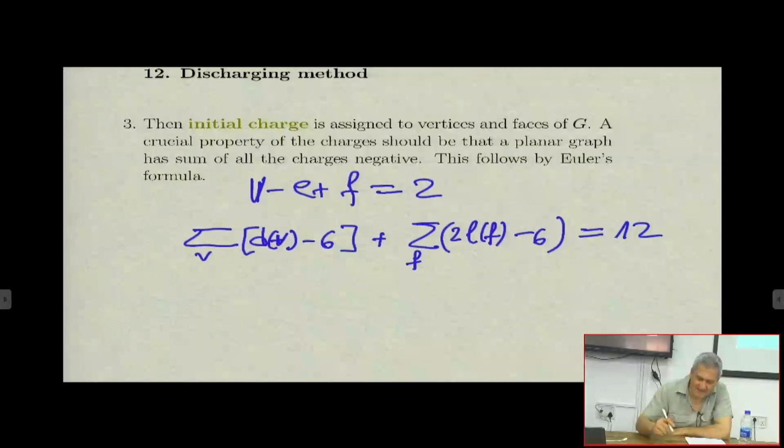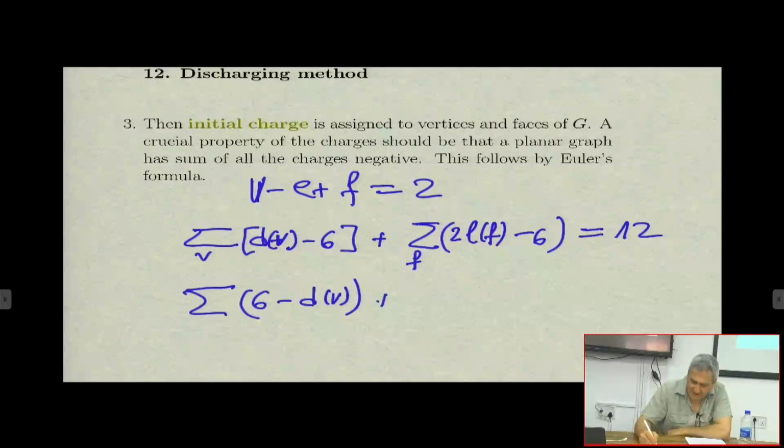Oh, there also exists something like this: the sum of (6 minus degree of vertices) plus the sum over faces of (2 times degree of face minus 6).